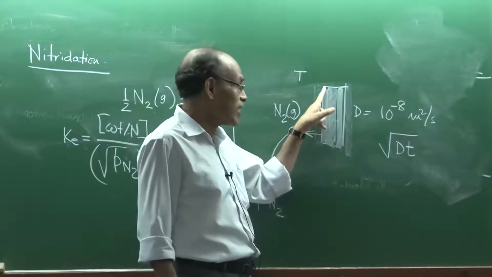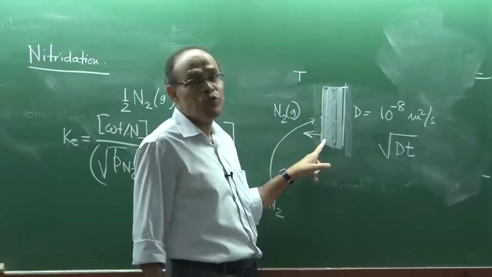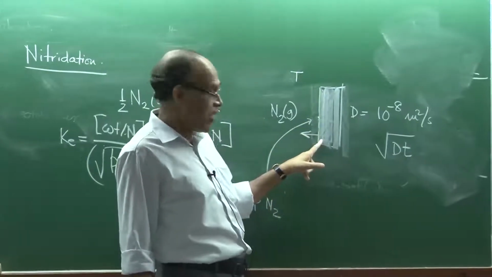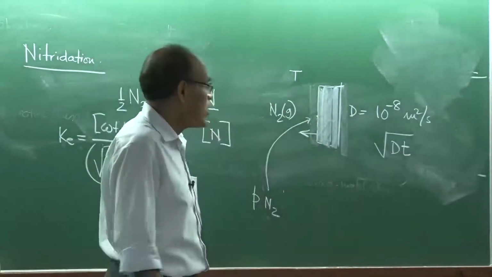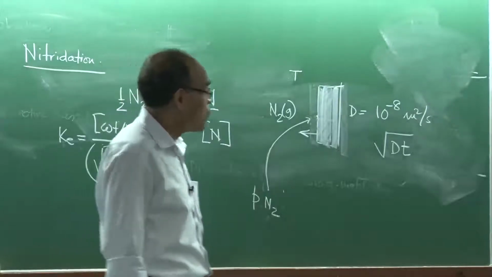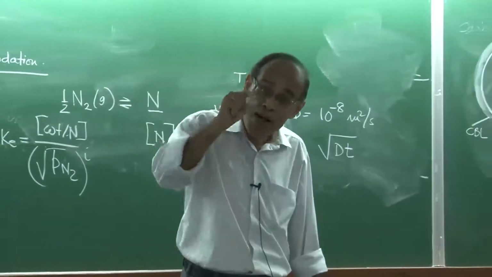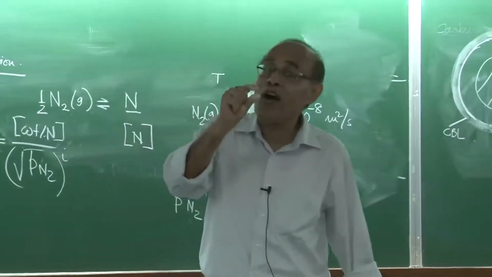Nitrogen is going to be restricted mostly to the surface if you do the nitridation process for several hours, okay, and that will give you the necessary required surface hardness. So, you have to have an idea of till what depth I require that strong hardness.